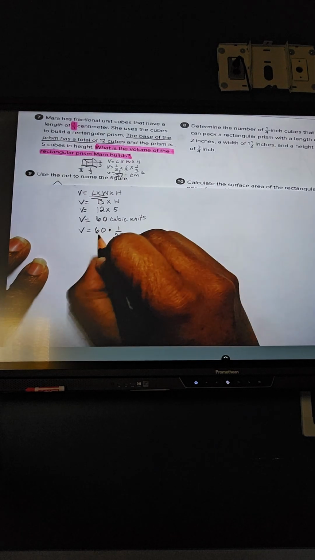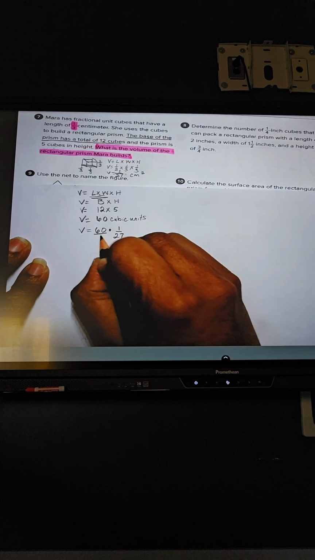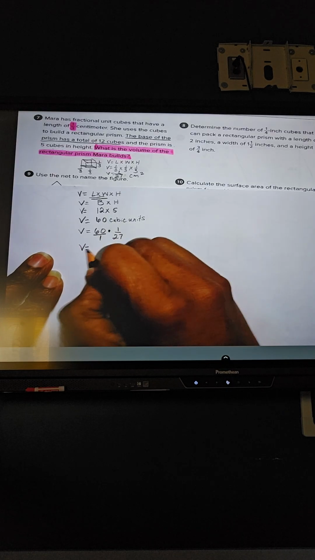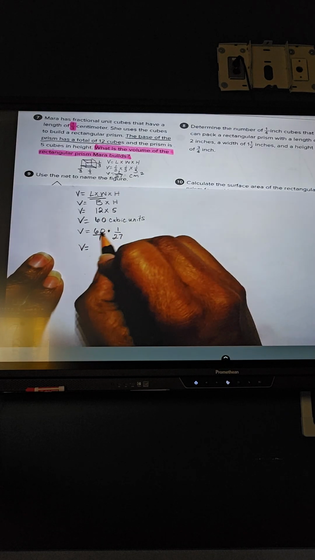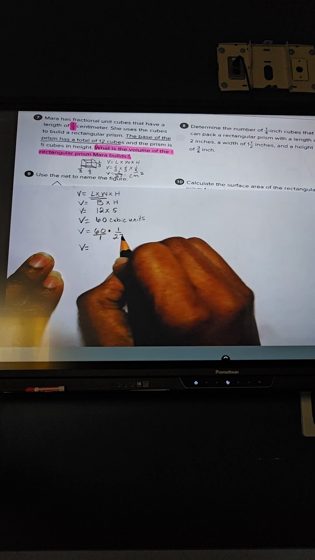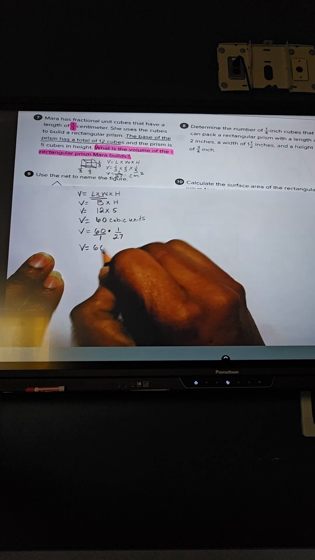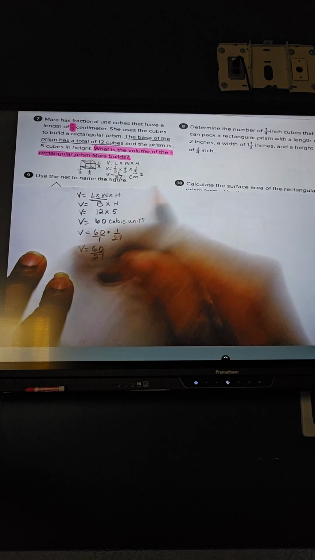All right, now, if that's the case, 60 would be over 1, because we know that a whole number as a fraction is always over 1. Now we can say volume equals 60 times 1. Remember, multiplying is numerator times numerator, denominator times denominator. Our answer is 60/27. Okay? But wait, let's see if we can simplify this. 60 and 27. 27 is 3 times 9.